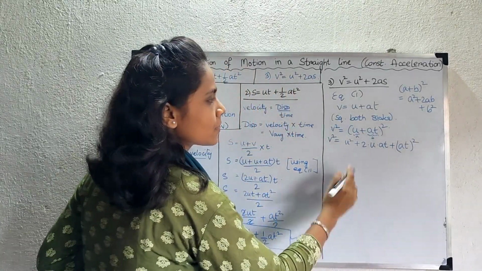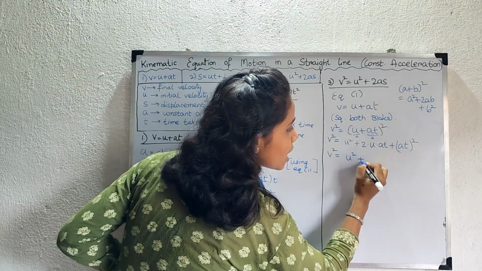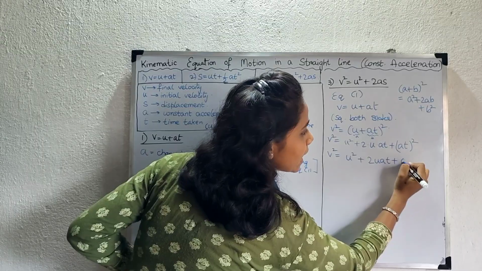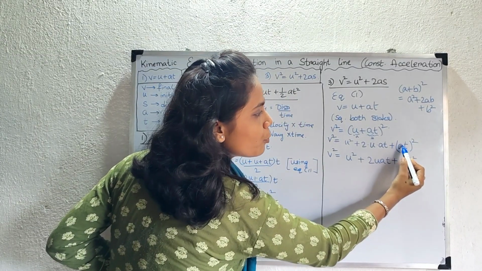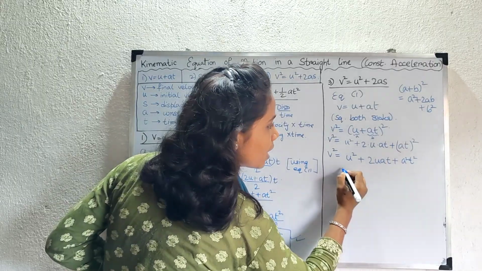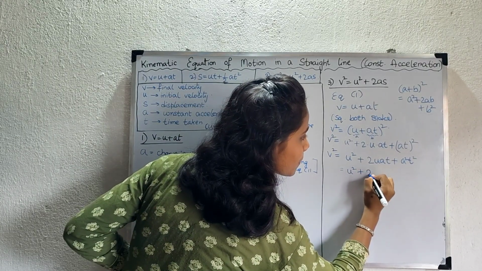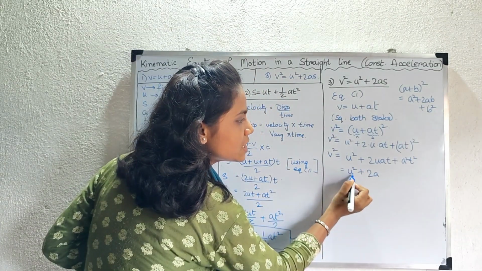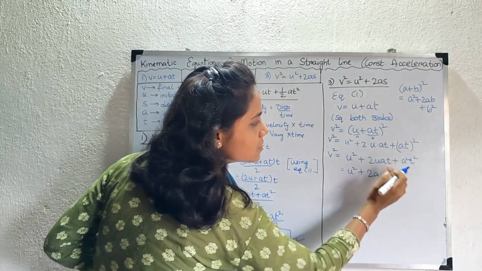Or v square equals u square plus 2uat plus a square t square. This square will be for both a and t, so a square t square. We have written this u square. Now let us take 2a common from both these terms.